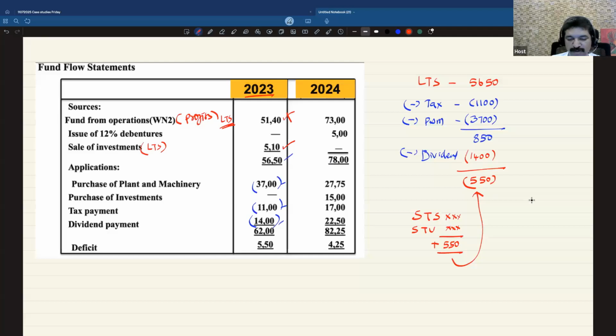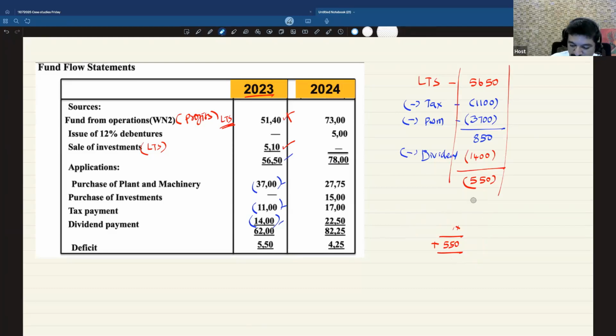This surplus of 550 may be money payable to some supplier, money payable to the banker, or an advance received from a customer. Do you think what the company has done here is right? The answer is no. If you look at it from this angle, this is wrong. So what ideally could this company have done in this situation?